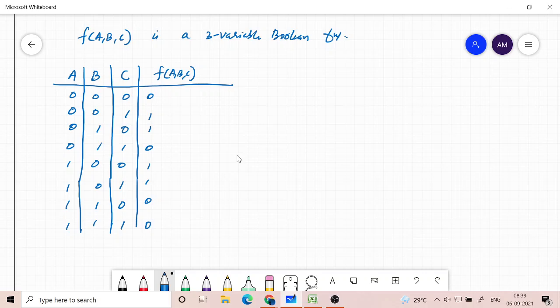Each input combination can be either 0 or 1. So if I look at all the cases where 1 is appearing, I can say that if the output has to be 1, either the input should be 0, 0, 1, or 0, 1, 0, or 1, 0, 0, or 1, 0, 1.